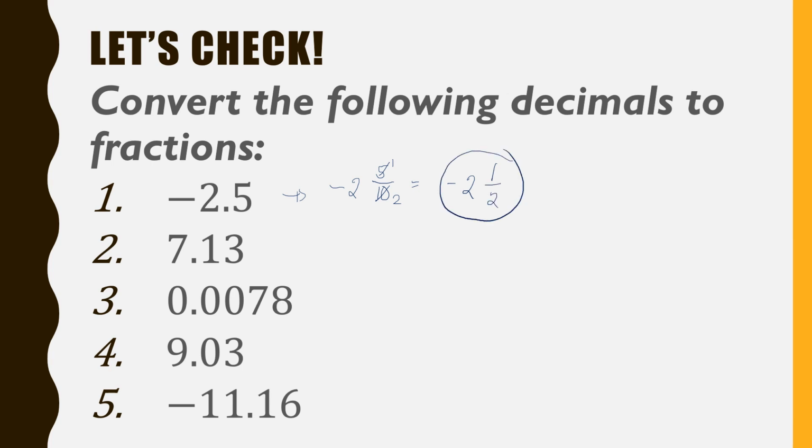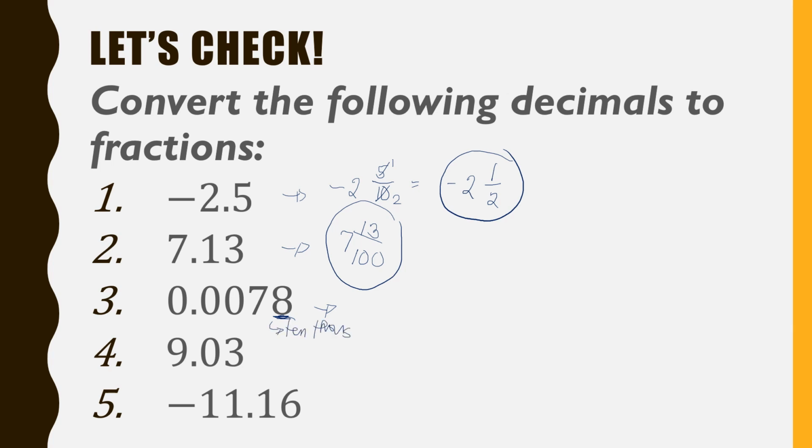Number 2, we have 7.13. So we have the whole number first, 7. So we have 7 and 13 over 100. We can no longer simplify this, so that is the final answer. Next, we have 0.0078. The place value of 8 here is 10,000.